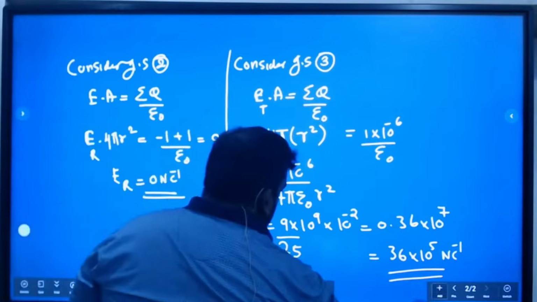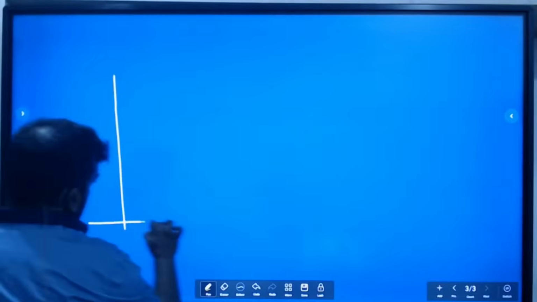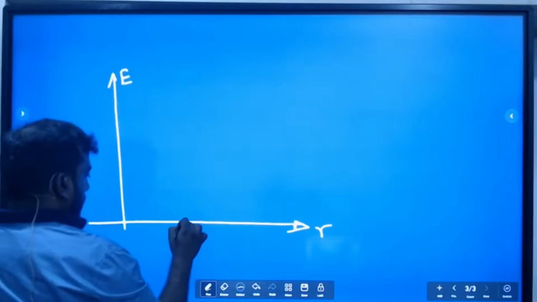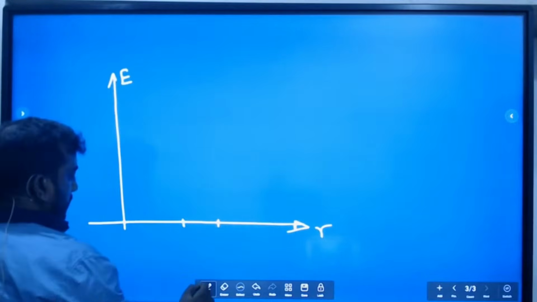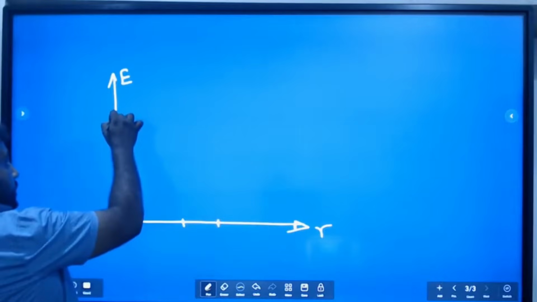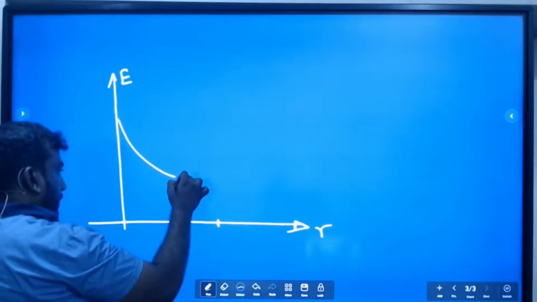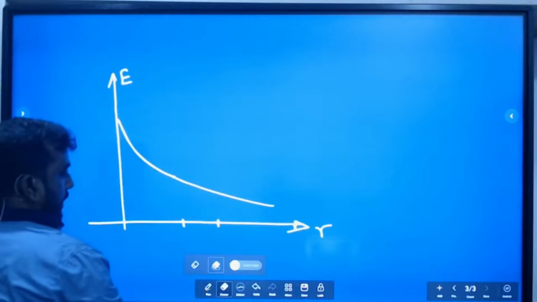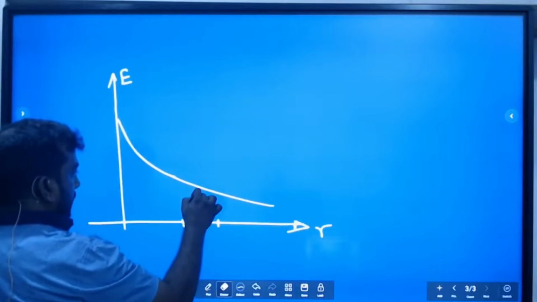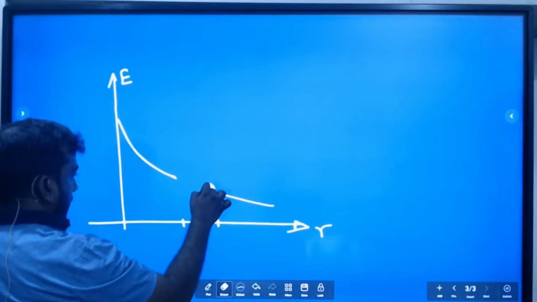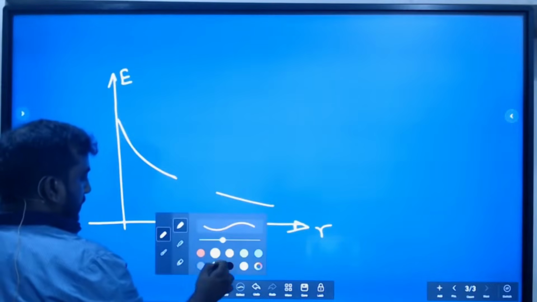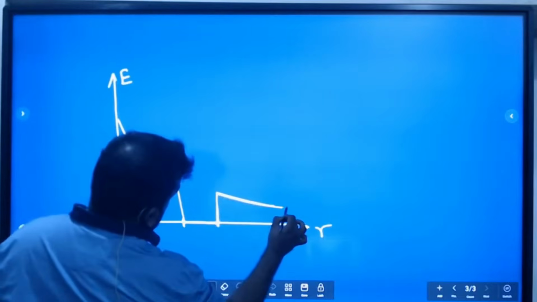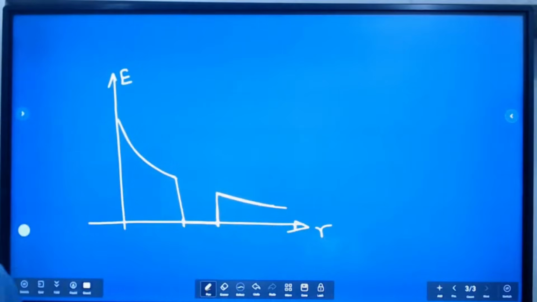So if you plot the graph, here you go: 1 over r squared. Then this middle part disappears. Suddenly the electric field there becomes 0. This is your variation. Clear?